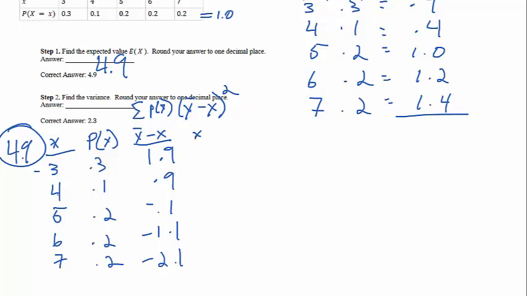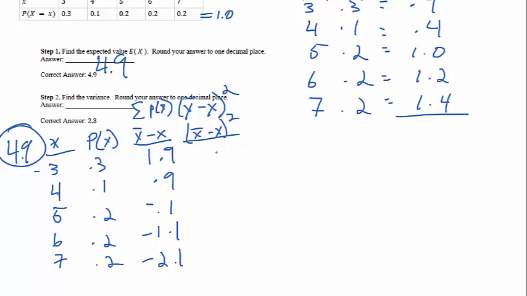Okay. The next thing I need to do is square them. So 1.9 squared. Don't I have an easy squared button here? Apparently I do not. I have a cubed. There it is.